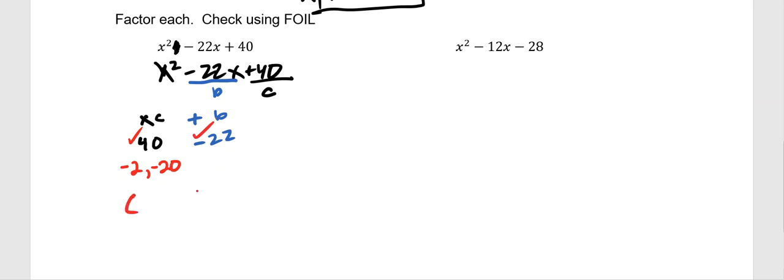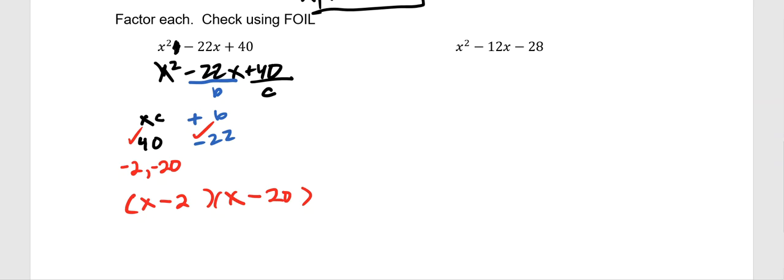Use those two numbers to build your two binomials. Since one of my values is negative 2, I say x minus 2. My other binomial, since my other value is negative 20, I'm going to say x minus 20.